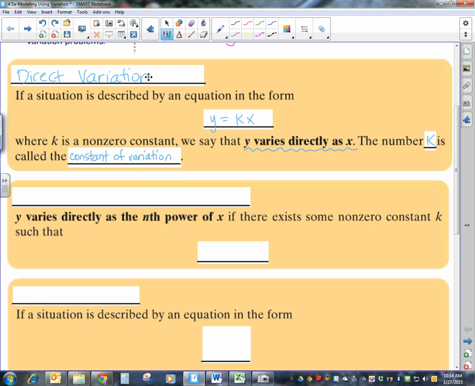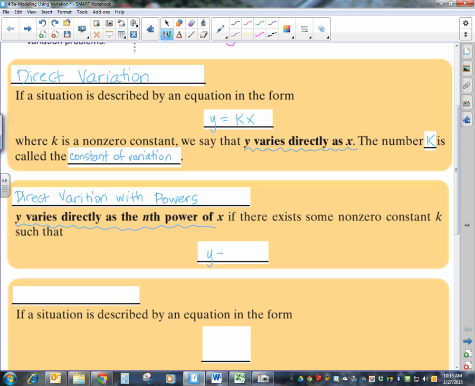Okay, now a little bit of a twist on that one would be direct variation with powers, and you'll see as I do examples. Okay, doesn't really change. It still says y varies directly as the nth power of x. So you just have this little power on there.